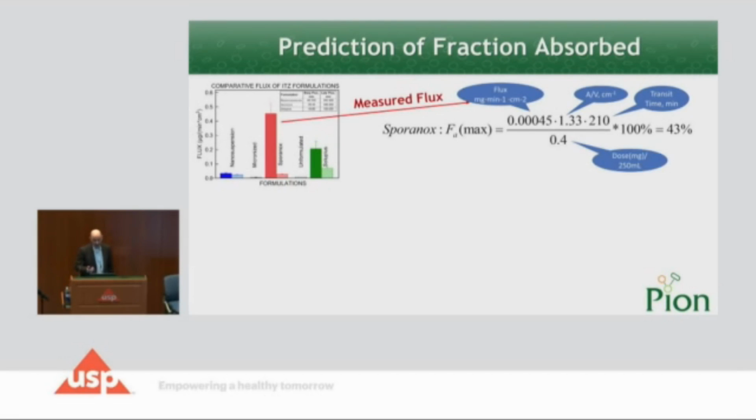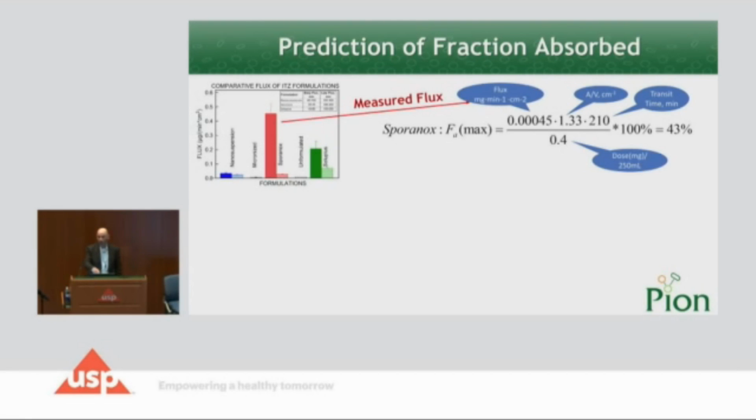Well, let's see how it can be used in practice. This is from the study of itraconazole I showed previously, and this red bar is the Sporanox initial flux. So let's say that this flux stays intact, that itraconazole does not reprecipitate, and it just constantly has this flux.